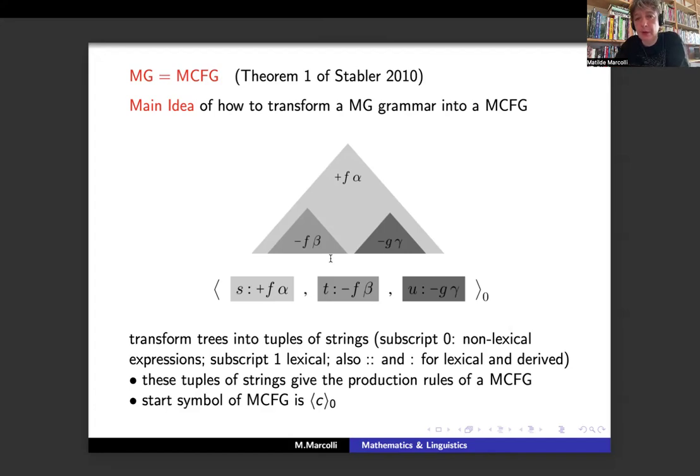So, for example, if you have a certain structure with certain labeled substructures, you can assemble this information about the structure together as a vector of different substructures. It's the full structure and its different substructures. And this vector would correspond to the vector of context-free pieces that you use to form multiple context-free grammars.